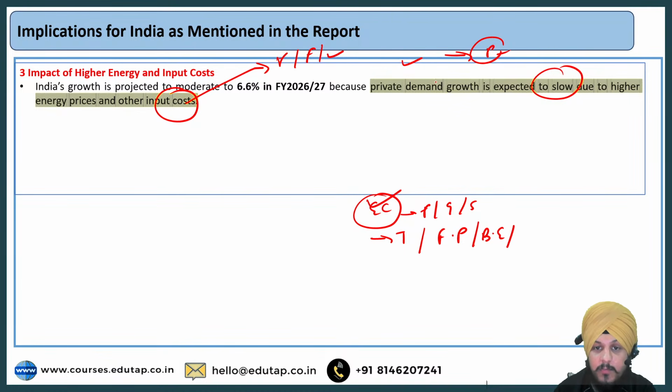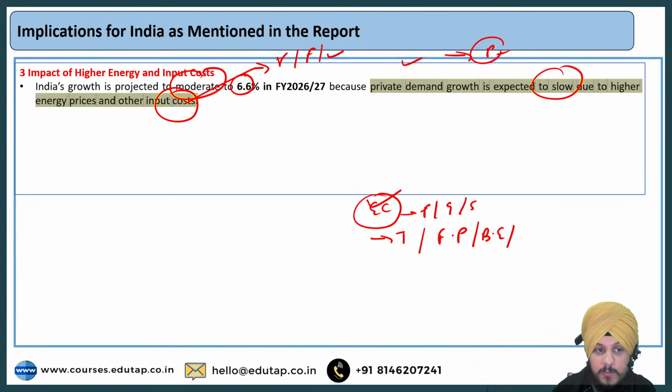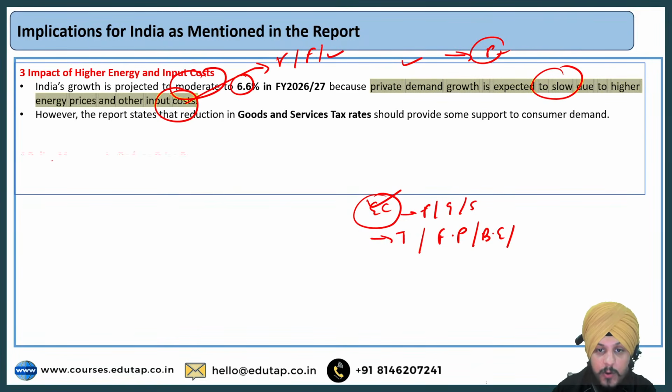So that is something you can interpret: India's growth is projected to moderate to 6.6%. And that is the reason, from the previous slide that we have seen, that earlier it was 7.7% and now it is coming to 6.6%, right? And it is again one of the reasons behind it, and growth is going to get moderated.